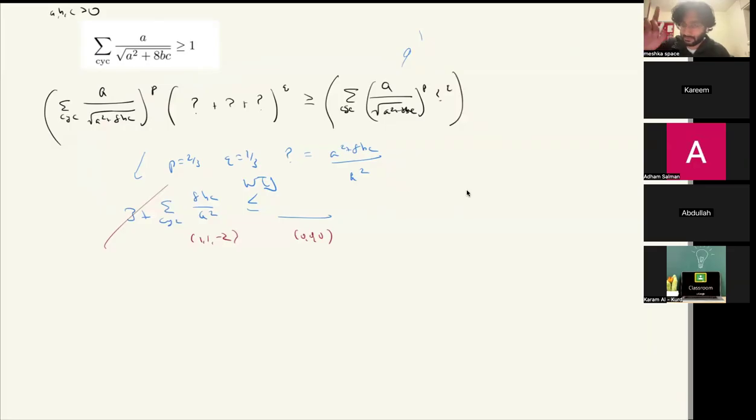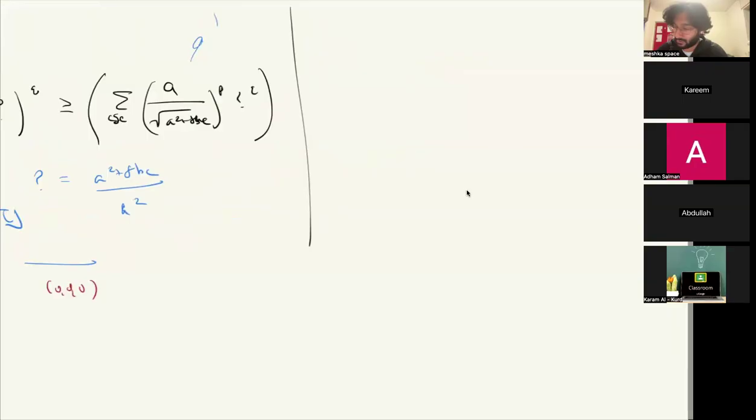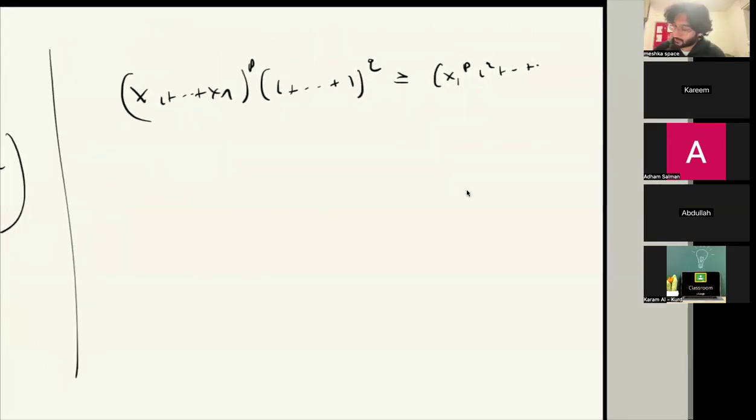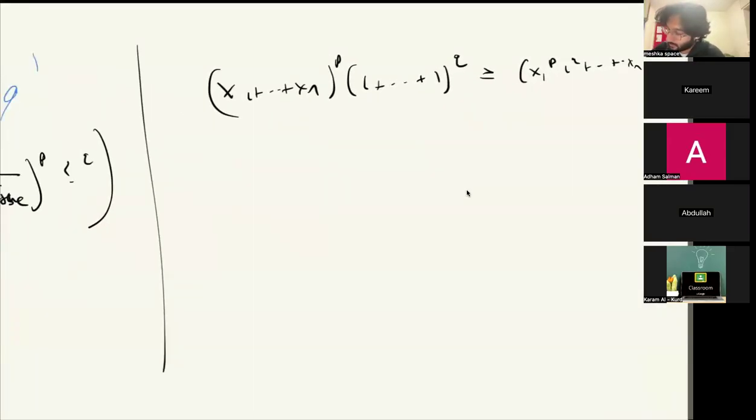But on the other hand, maybe I'll make a comment about this. What you're saying is kind of true, because what happens when I look at x1 plus through xn Holder compared to this? It's like this, right? So this is power mean.